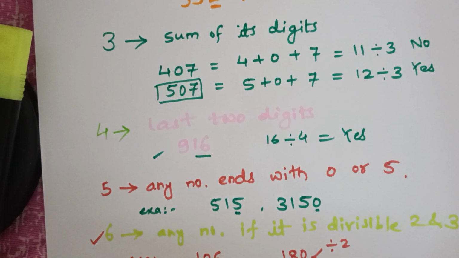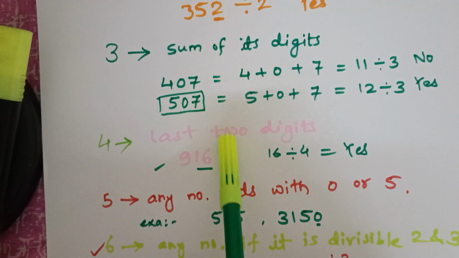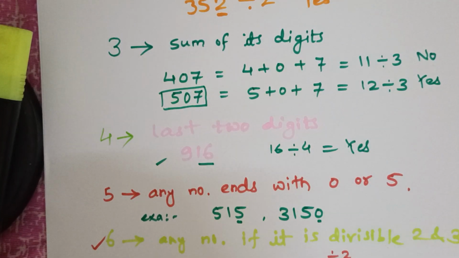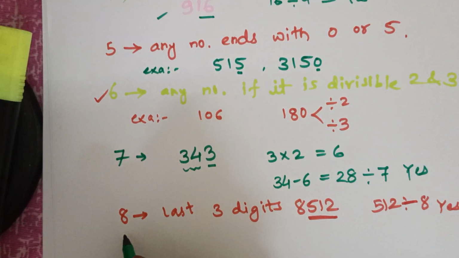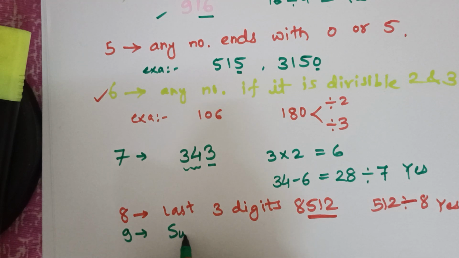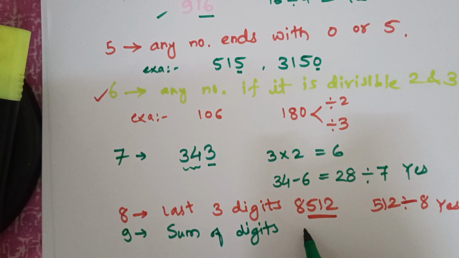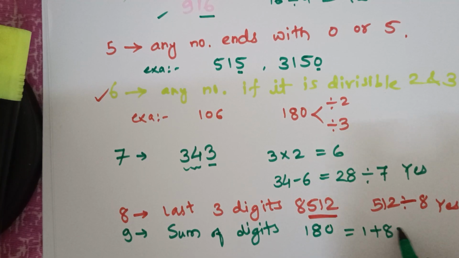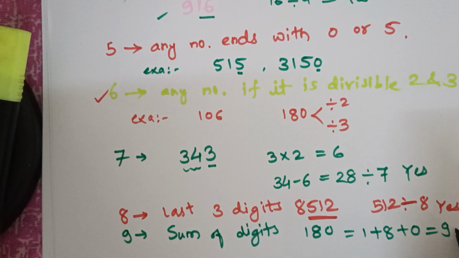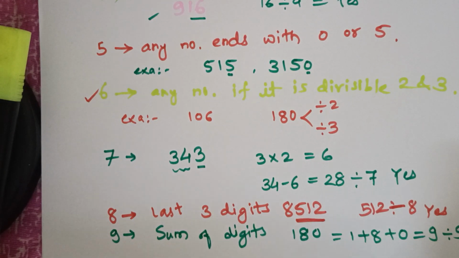Moving to the divisibility rule of 9, I'll remind you of the divisibility rule of 3, the sum of its digits. Similarly, for 9 we have to check the sum of digits. For example, the number is 180. So 1 plus 8 plus 0 is 9, and 9 is divisible by 9, so the number is also divisible by 9.